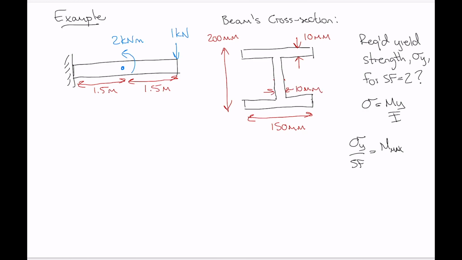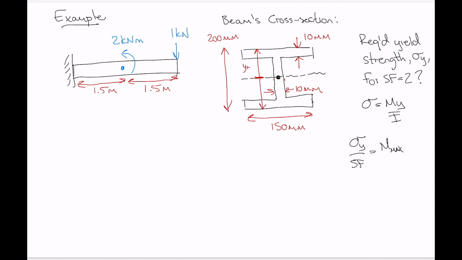The internal moment in this case for a beam that's positioned like this is going to be acting about a horizontal centroidal axis, and we know that stress will increase moving up or down away from that centroidal axis. So the maximum value of y, which will give the maximum stress, is either all the way to the top of the cross section or all the way to the bottom of the cross section.